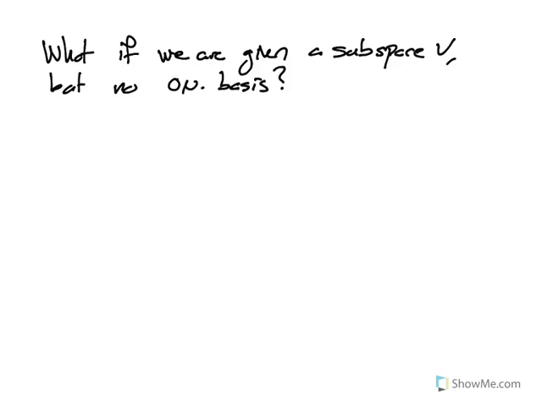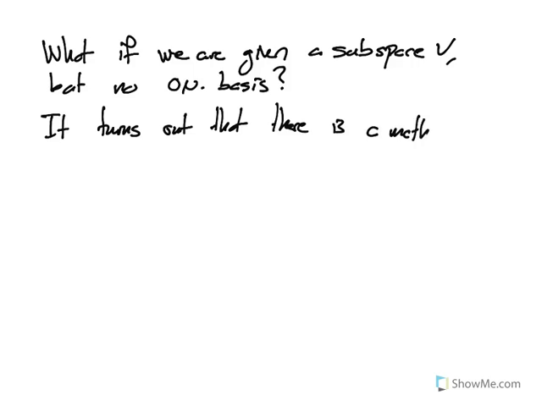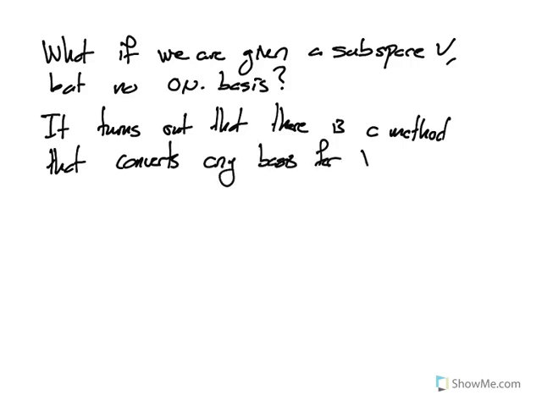Now you can also define the projection matrices. There are many ways to go about this, but one way is to build an orthonormal basis for V. It turns out that there is a method that converts any basis for V to an ON basis.